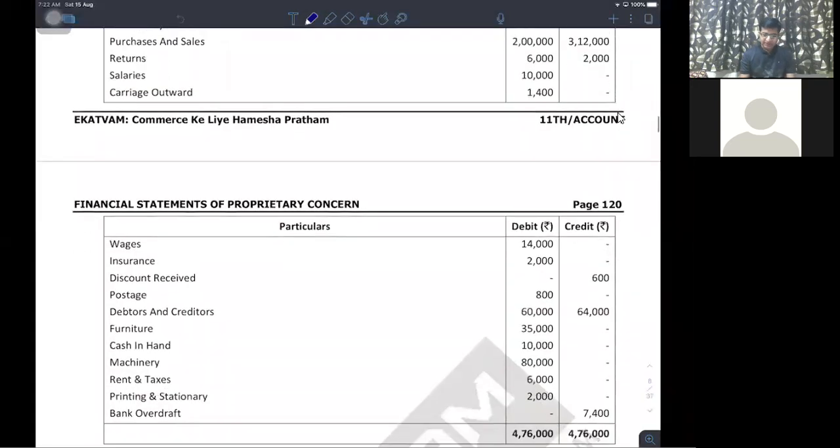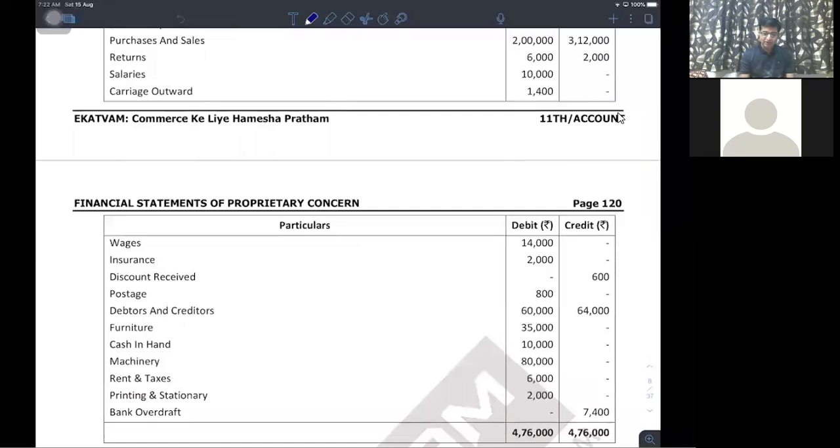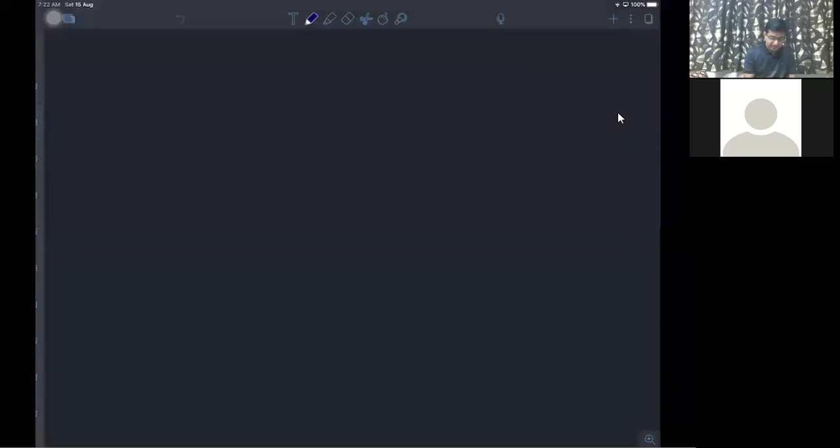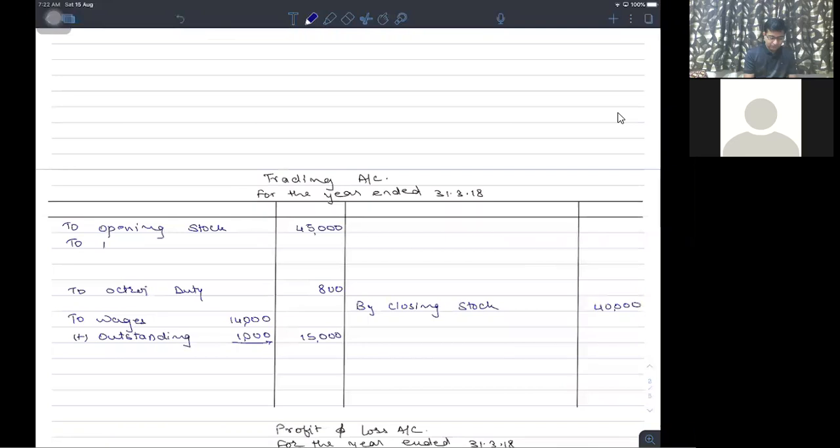Next, you are given purchases and sales, and below that you have been given the returns thereof also. So in the trading account onto the debit side, to purchases, inner amount column 2 lakh, less returns.